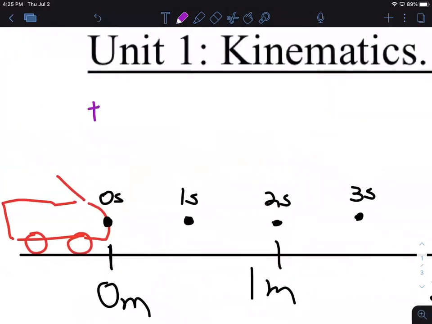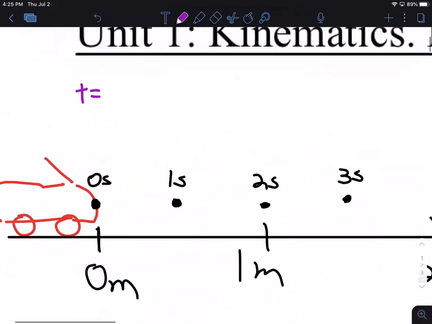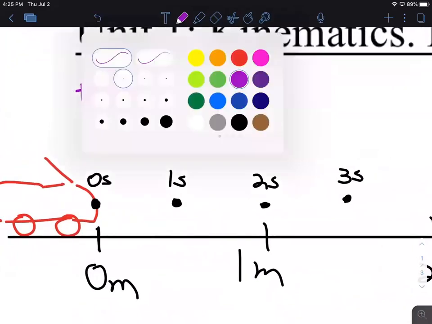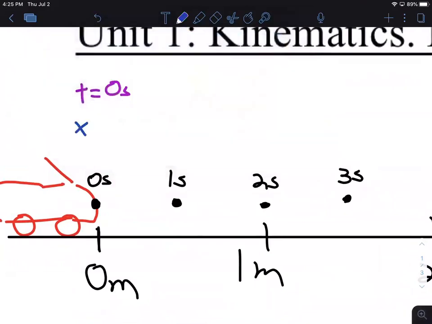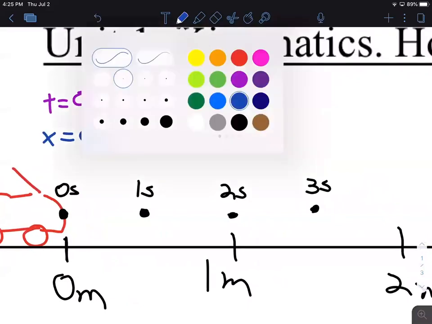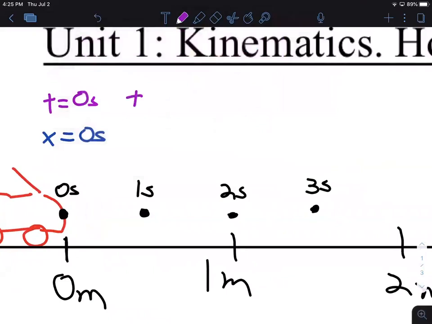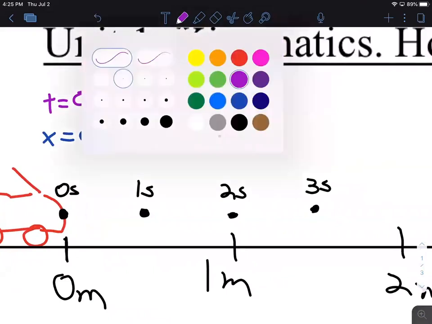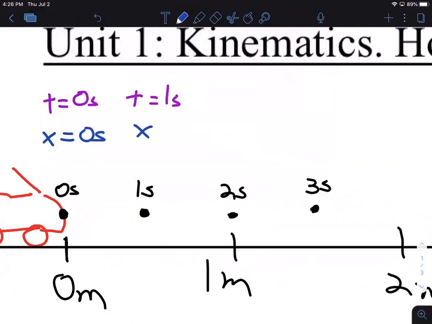So when my time equals 0, my position is 0. My time equals 1 second, my position is, looks like I'm at about half a meter here.